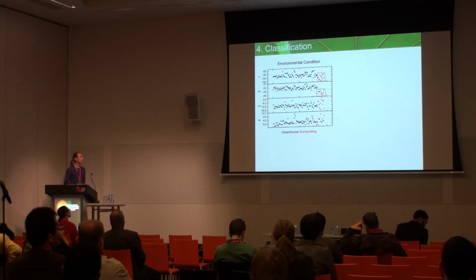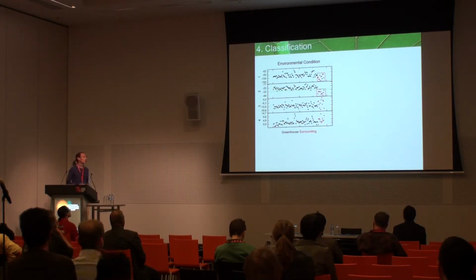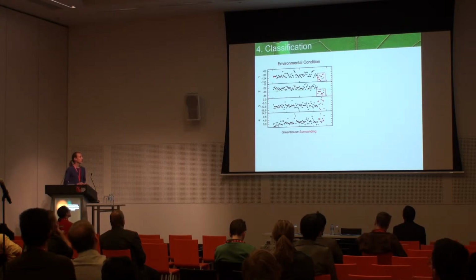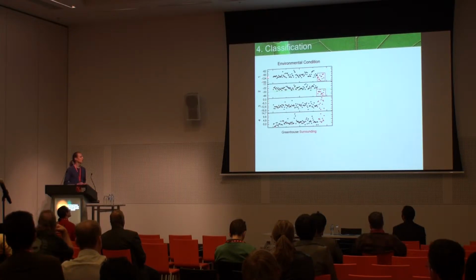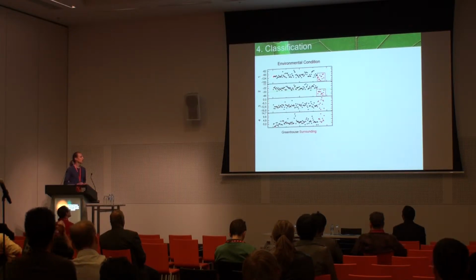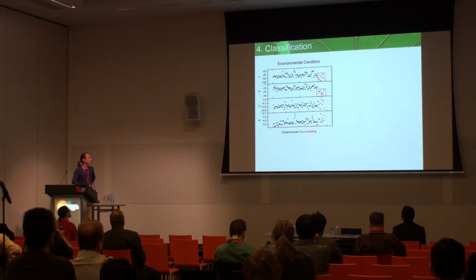First, we applied principal component analysis on all these spectra, and what you can see here, each dot represents one plant. So this is the first principal component, the value for the first plant, and then the second, and so on. As I said, we had plants from the greenhouse and from the surroundings, here in red.